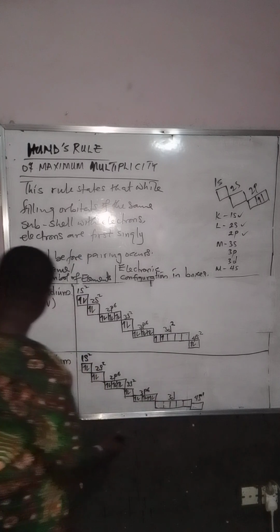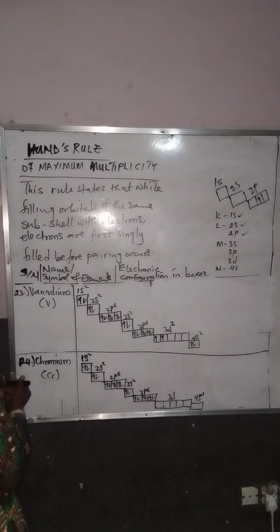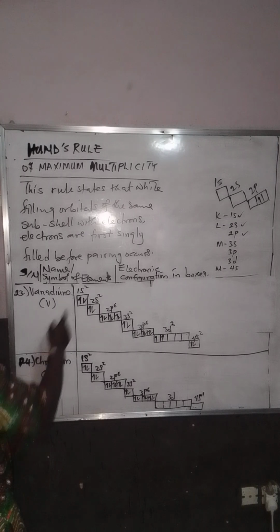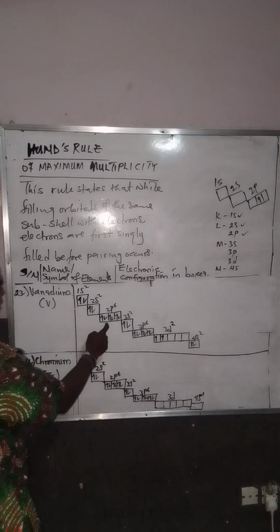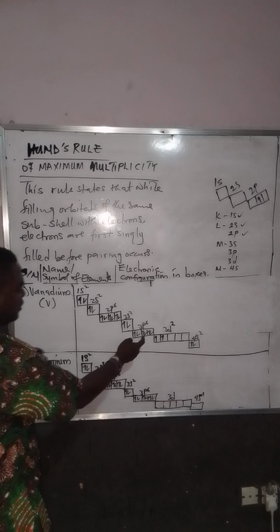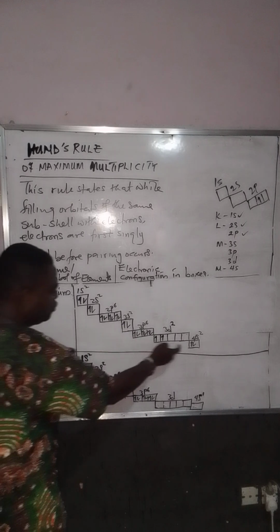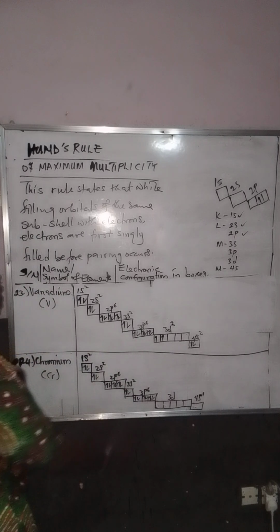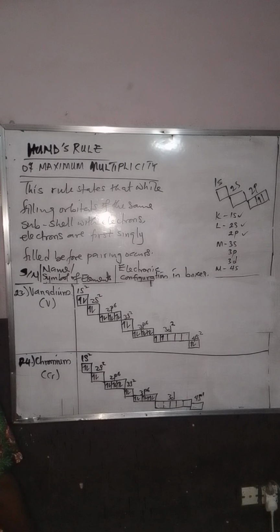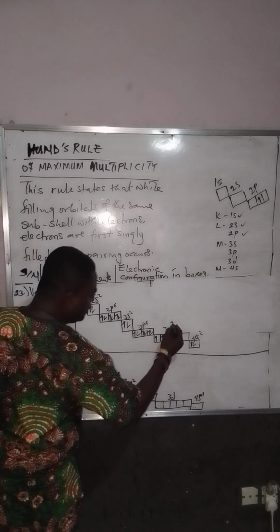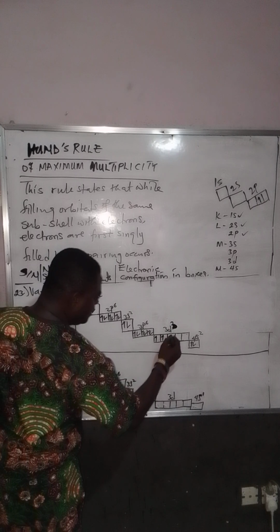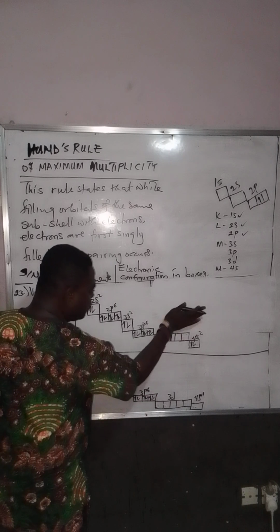Okay. So I think we have done titanium. For vanadium, it's supposed to be 3.